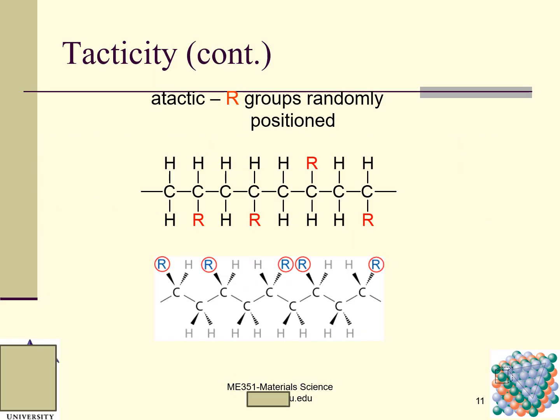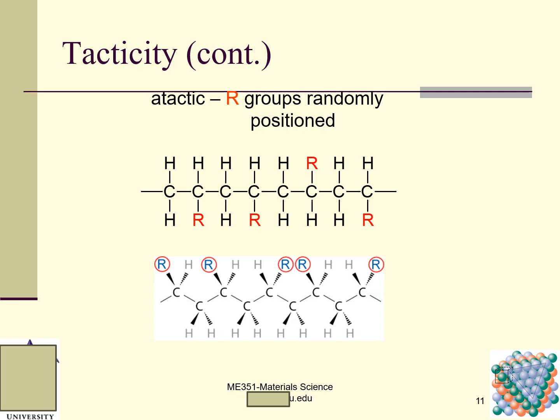And atactic: when we put a prefix in front of something, this usually means not. So atactic means R groups are randomly positioned. For example, this R is here, this R is here, and this R is here.